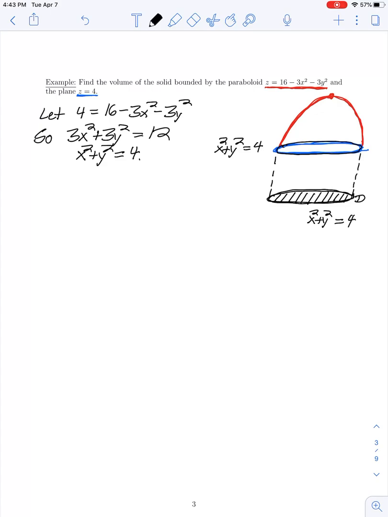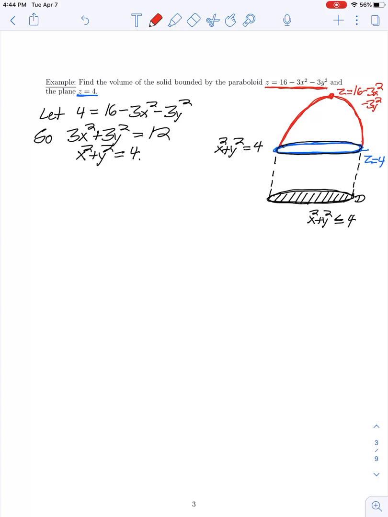So here our region of integration D would be the disk defined by x squared plus y squared is less than or equal to 4. So this plane, z equals 4, lies 4 units above the xy plane, and our upper boundary for this solid region is our paraboloid, 16 minus 3x squared minus 3y squared.